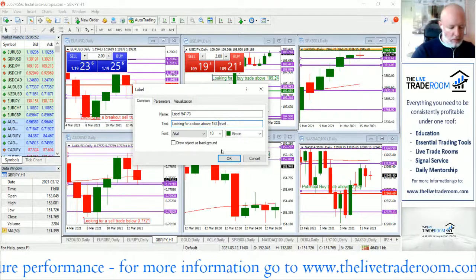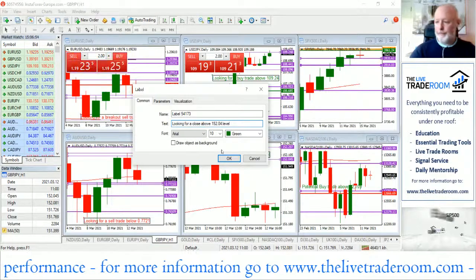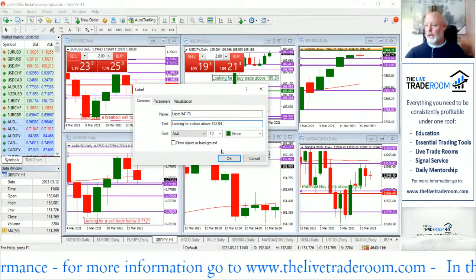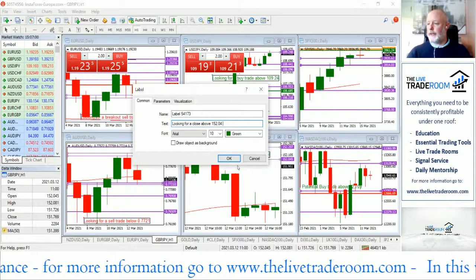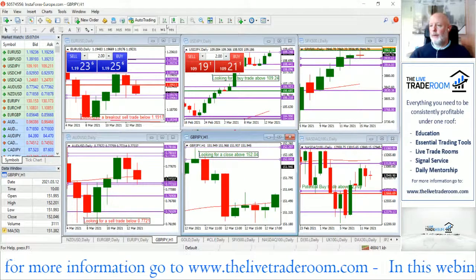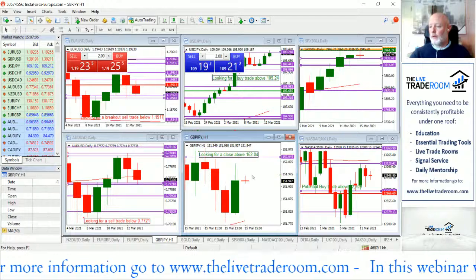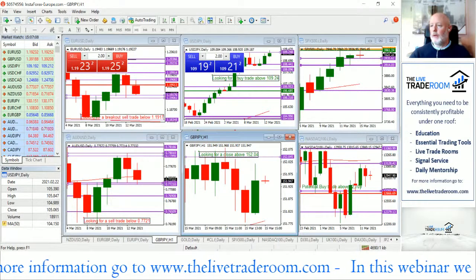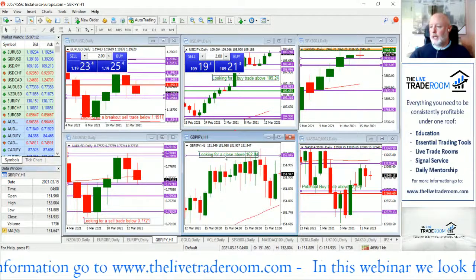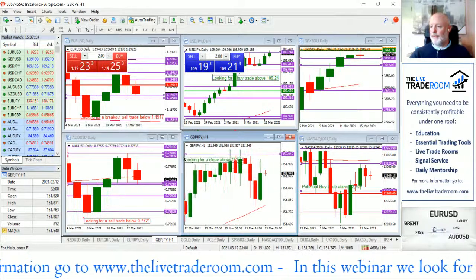Okay, so we're looking for a close above that 152.04 level, and we can put that in green. So this is actually on the hourly time frame.